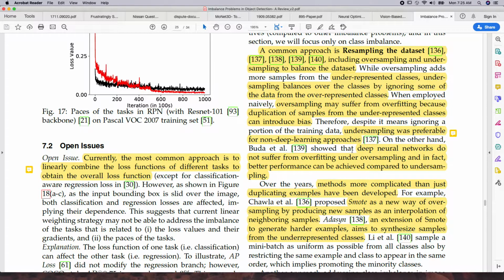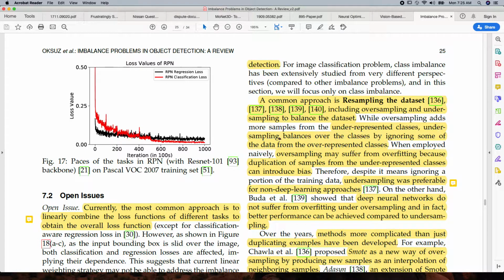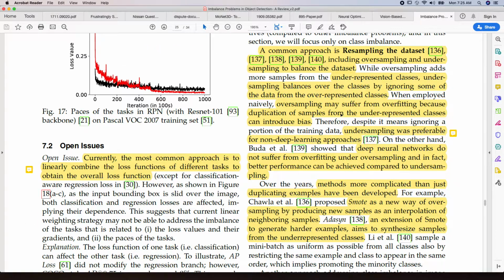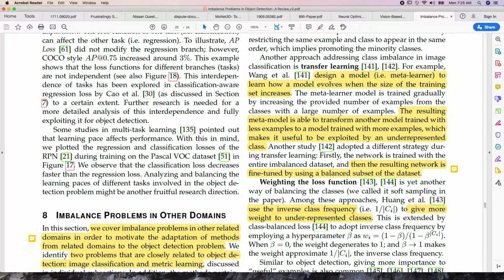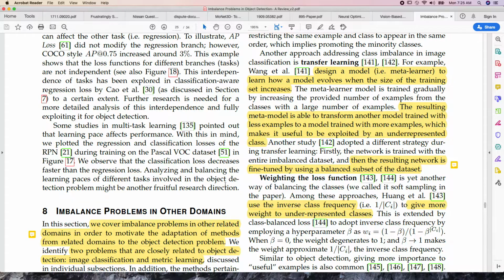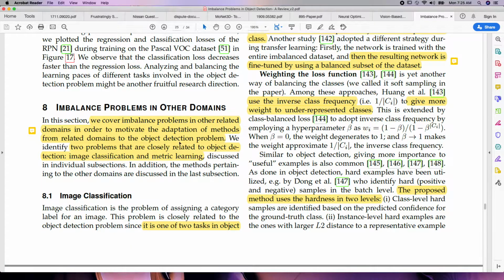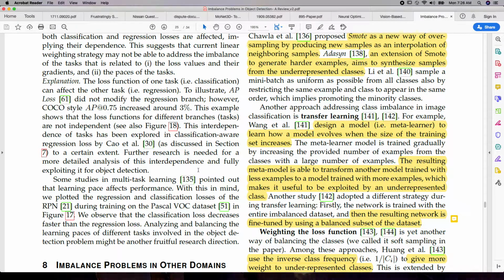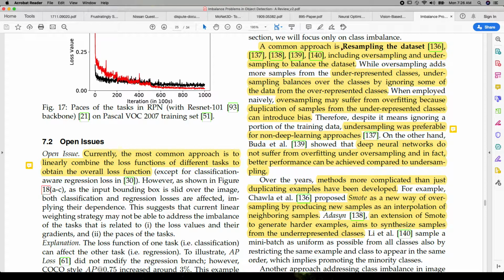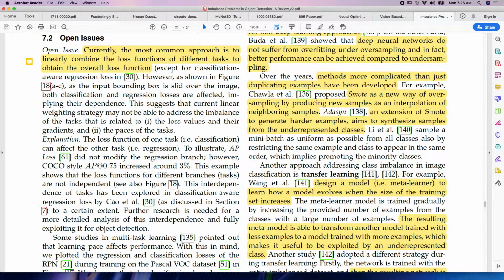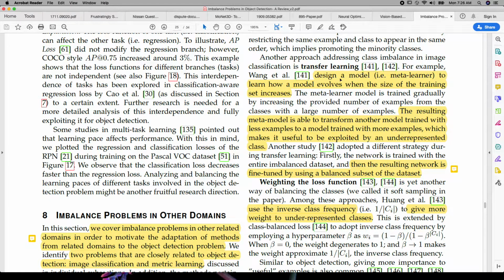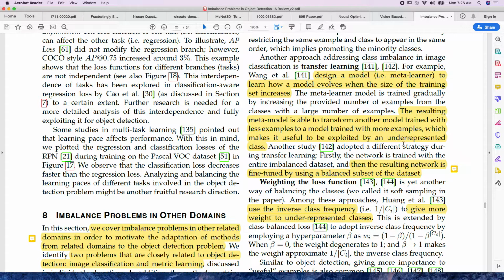This is still talking about the objective function, and one way you can actually address the imbalance problem, based on what you see in other problems like image classification and metric learning, is that you sample the data set either by oversampling or undersampling, or you can do a little bit of a trick of transfer learning, such that your resulting network will be fine-tuned using a balanced subset of the data set.